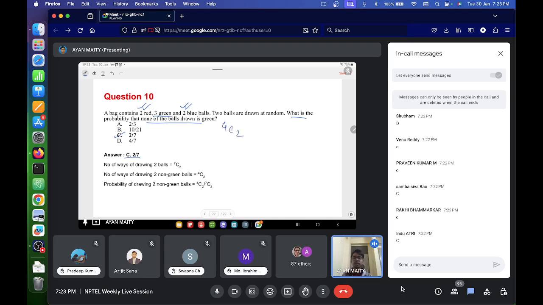This is the number of ways you can pick 2 non-green balls. And how many total ways are there to draw any 2 balls? There are total 7 balls here, and 7C2 is the number of ways you can draw any 2 balls, whether green or red or blue, doesn't matter. So 7C2 is the sample size, and 4C2 is the number of ways you can draw 2 non-green balls. So 4C2 by 7C2.